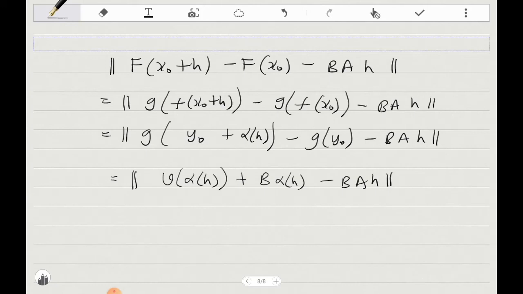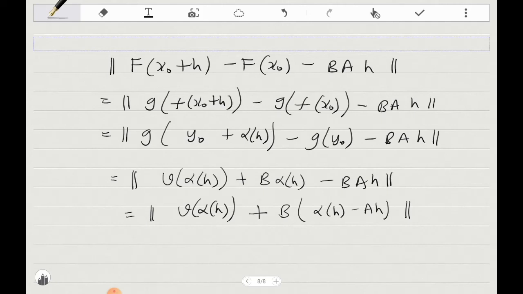V of alpha of h plus B times alpha of h minus AH. Let's look at this.